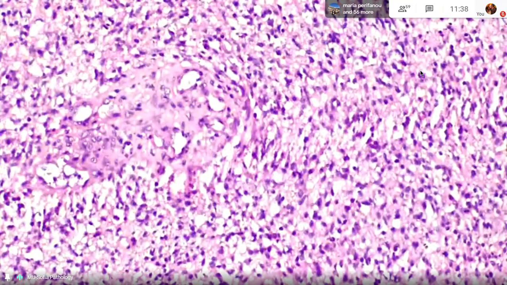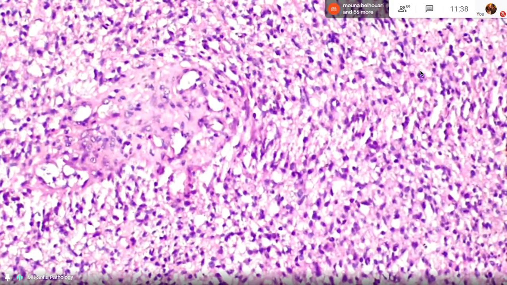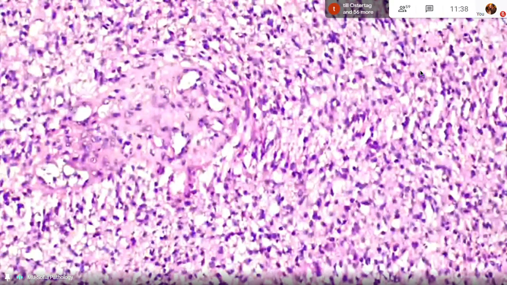The glioblastoma multiforme usually affects people around 40, 50 years of age, as I already mentioned. What is interesting, it can start from one hemisphere and cross through the corpus callosum and infiltrate the other hemisphere.